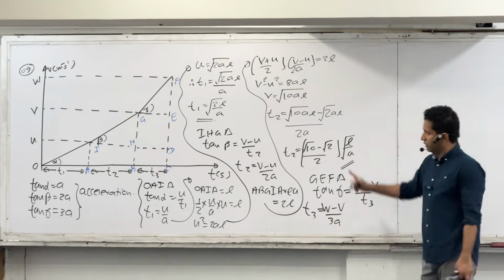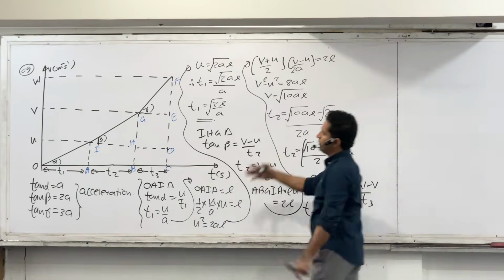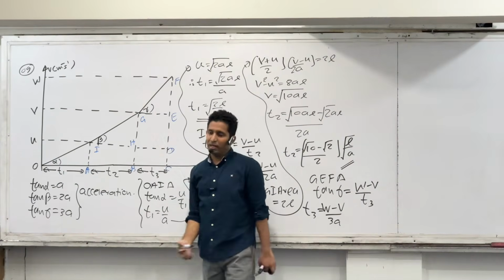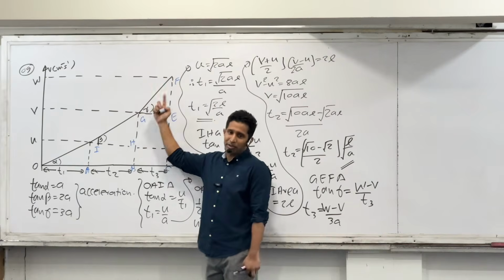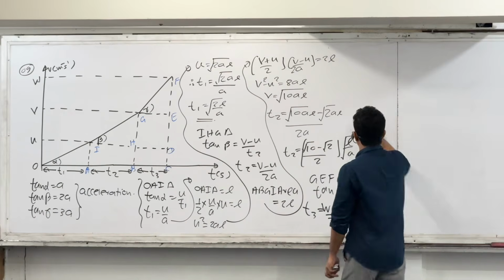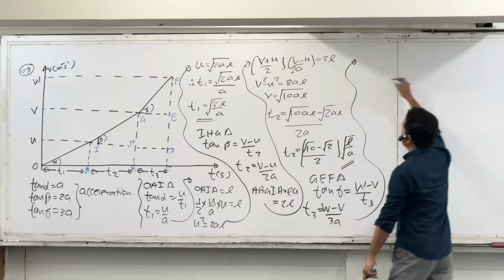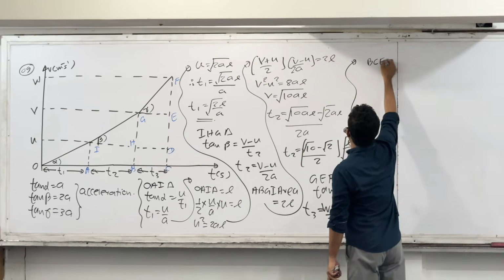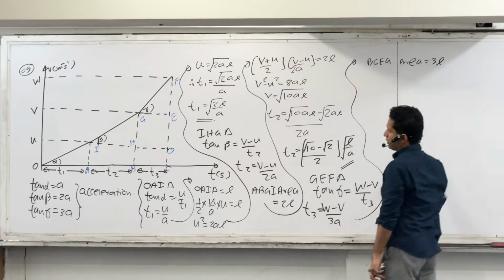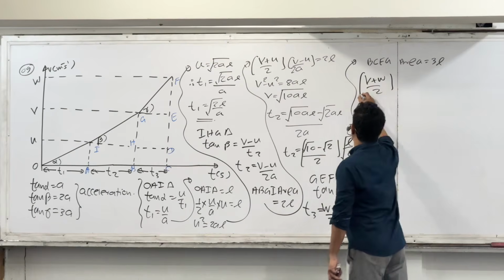Then write down an expression for the area BCFG. Within the next time interval, it covers a distance of 3L with an acceleration of 3A. Now I'm writing an expression for BCFG. The area BCFG equals 3L: V plus W divided by 2 times T3.